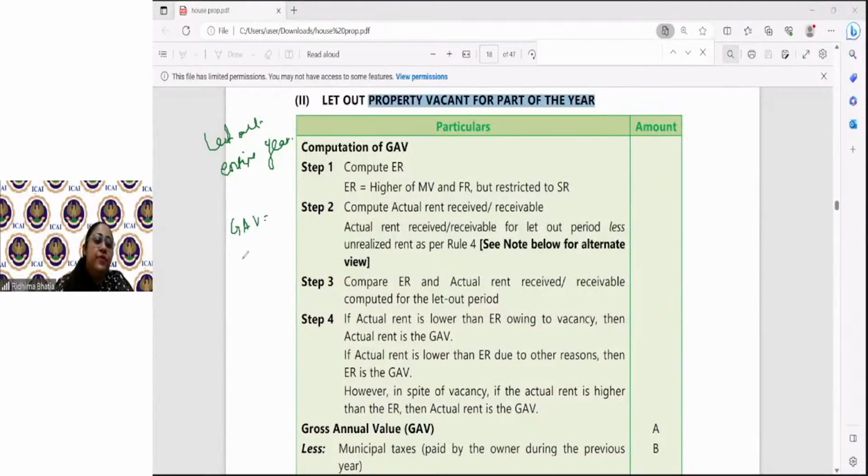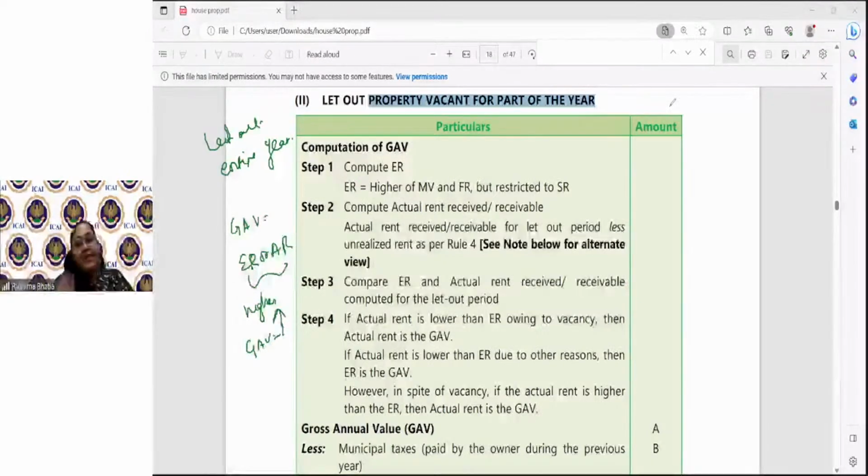To get to your GAV, you compare your expected rent for the entire year with actual rent for the entire year. I'm not plugging in the provisions of unrealized rent. This is what you do, and whichever is higher becomes your GAV. Correct? जो भी इनमें से हायर अमाउंट होगा, दिस इज व्हाट यू डू.